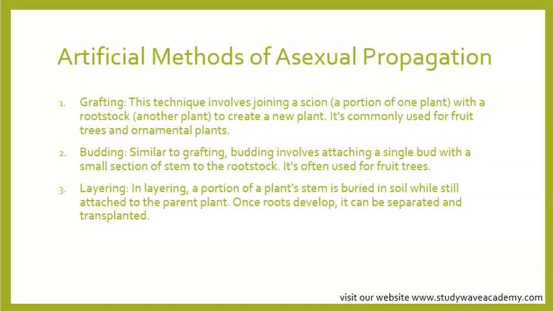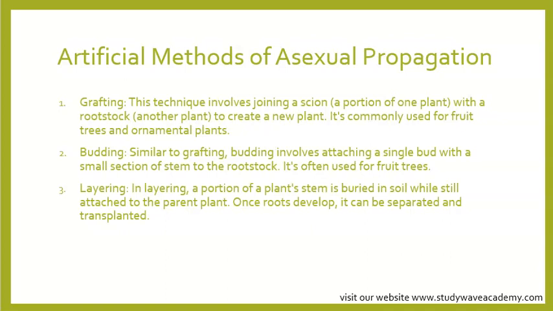There are two types of propagation, right? And we looked at sexual propagation. Seeds are used for this. Flowers have male and female parts that combine to make seeds. Seeds grow into new plants. Then we looked at asexual propagation.